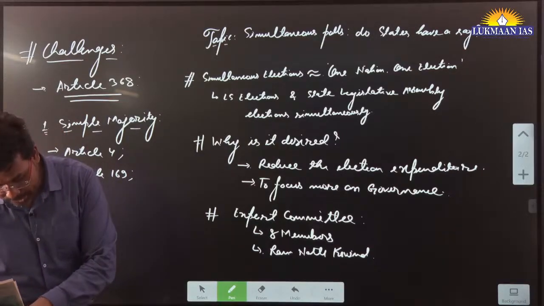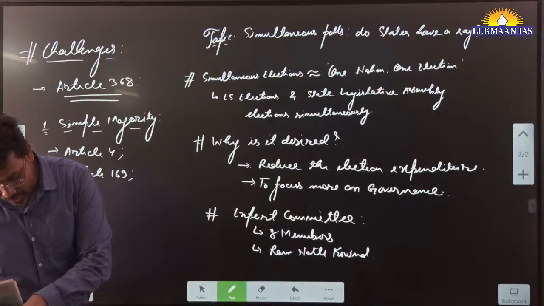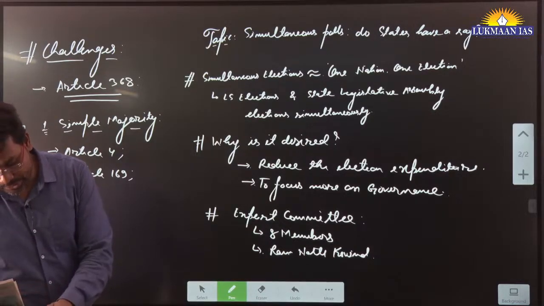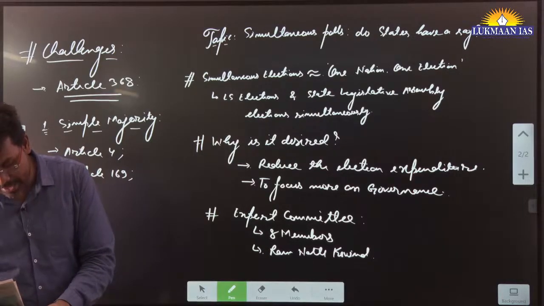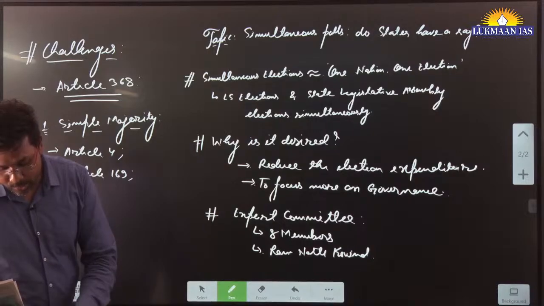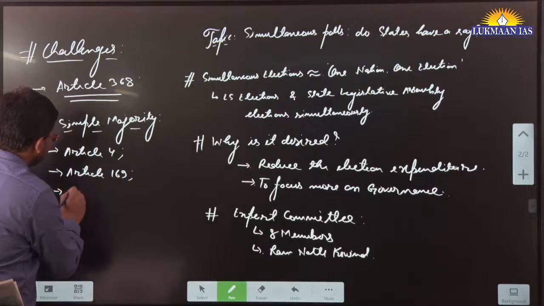And they have also mentioned another thing, para 21 clause 2 of the 6th schedule, which is related to provision for administration of tribal areas in the states of Assam, Meghalaya, Tripura and Mizoram. So this is related to tribal areas.